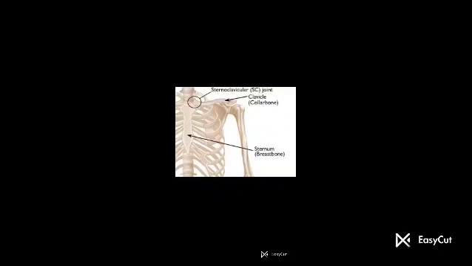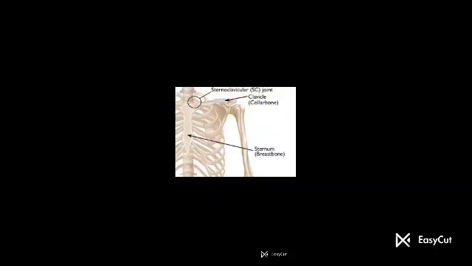Next, we see that this clavicle has mainly 2 ends, the medial end and the lateral end. The medial end of the clavicle gets articulated with the clavicular notch of the manubrium in the sternum. So one end of the clavicle gets attached with the sternum and the other end, which is the lateral end, gets articulated with the acromion process of the scapula.